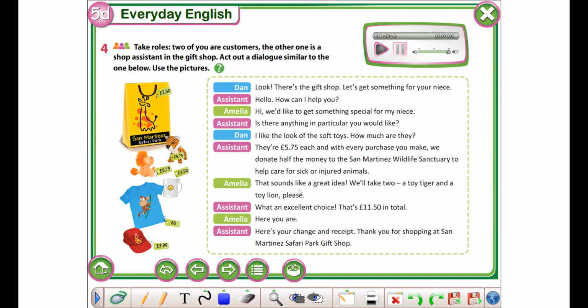It's 3.99 pounds. Okay, I would like one t-shirt and two hats, please. Okay. It's nearly 14 pounds. Okay. And here you go.